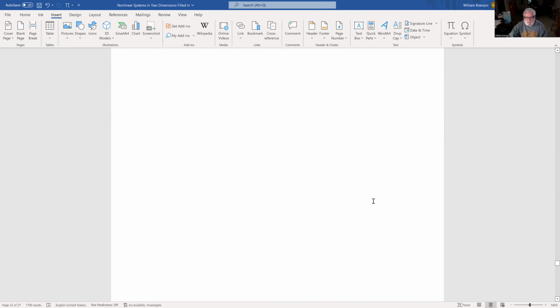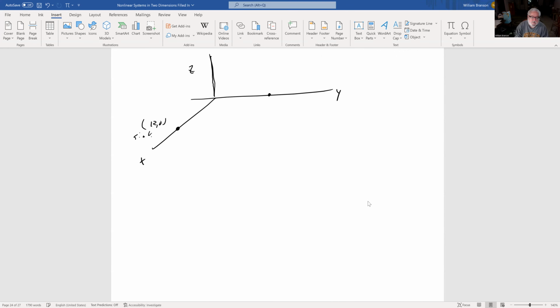So if we're thinking about the two competing species, what we know is that there's an equilibrium here that's a sink. There's an equilibrium here that's also a sink.